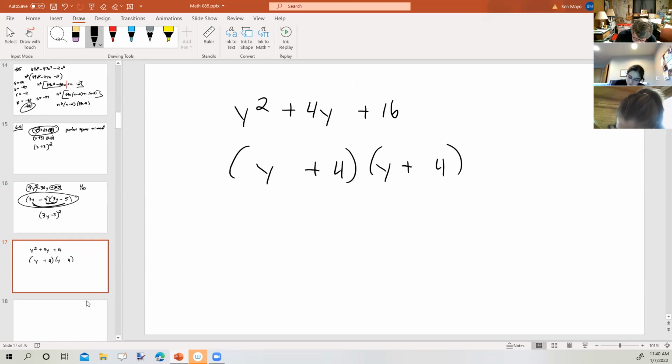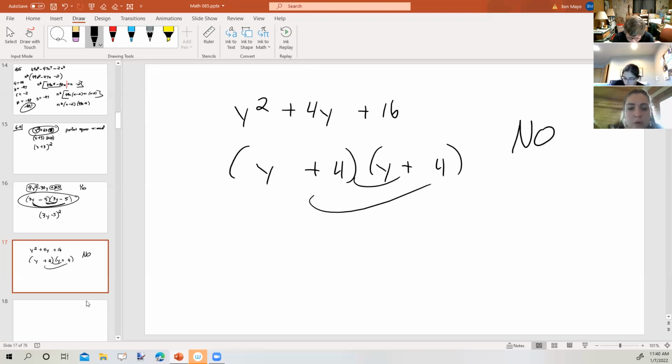It'd have to be a plus and a plus. Oh, but that gives us 8y in the middle, doesn't it? So no, this is not a perfect square. So then I would go on and try other methods of trying to factor it. It has a leading coefficient of a 1, so that would take us back to section 6.2, etc. Not going to worry about that right now, mostly just focusing on, is it a perfect square?